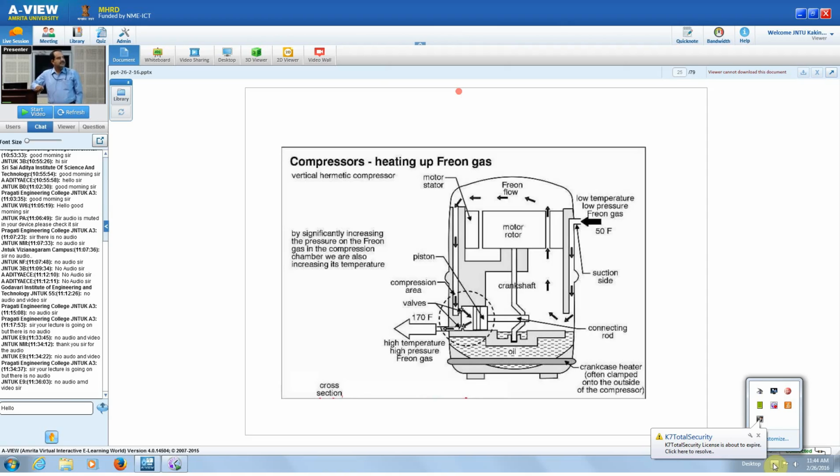So this is the compressor, total parts, and this is the piston. The high temperature, high pressure gas is going to the condenser, and it is entering as low temperature, low pressure gas from the evaporator. The compressor is installed between the condenser and the evaporator, right?